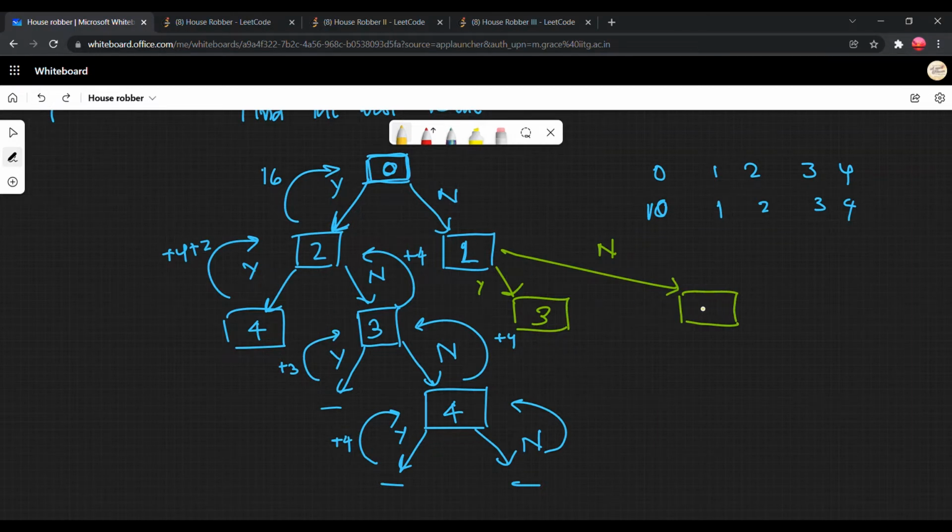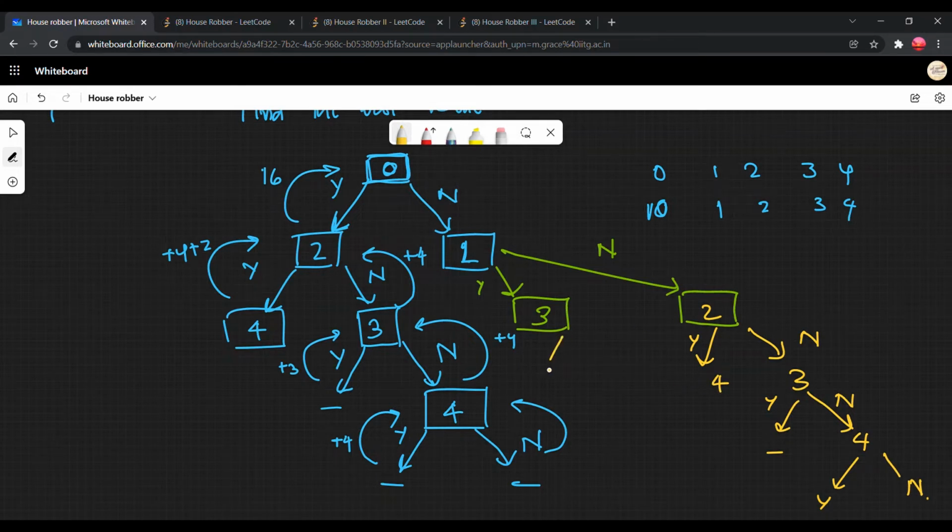And then if it's no, then I take 2, right? And 2 is this whole tree. So I know that if I go to 2, then I'm going to say yes. Okay, let me just draw it for the sake of it. Yes, no, I go to 4, 3. Yes, nothing. No, I go to 4. Yes, no. Okay. And this I already did.